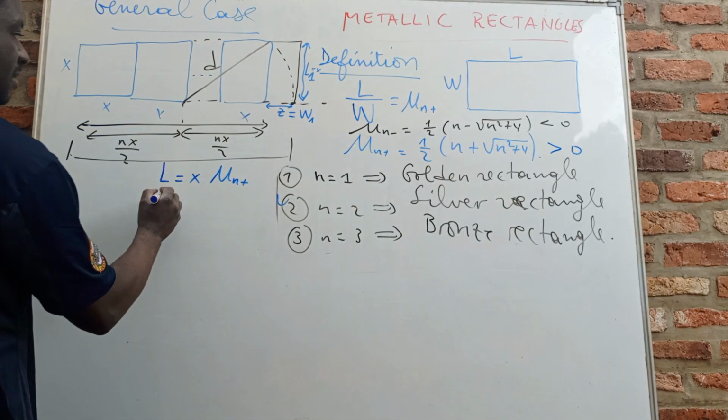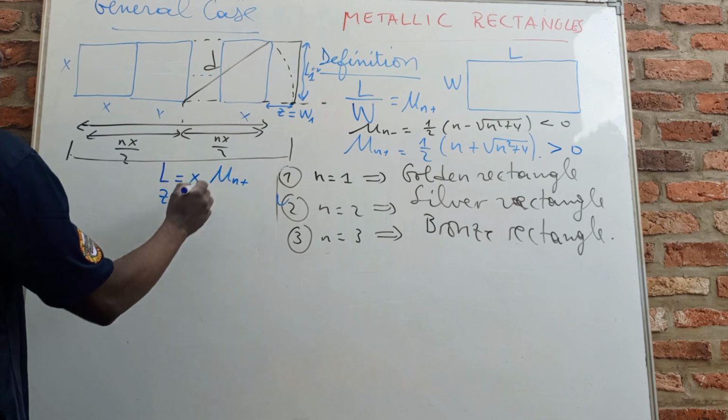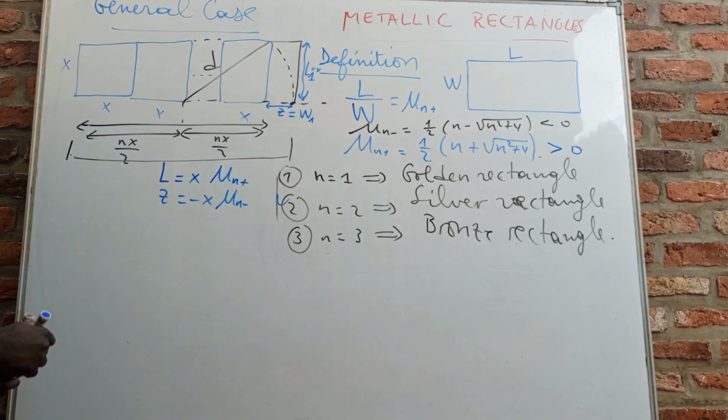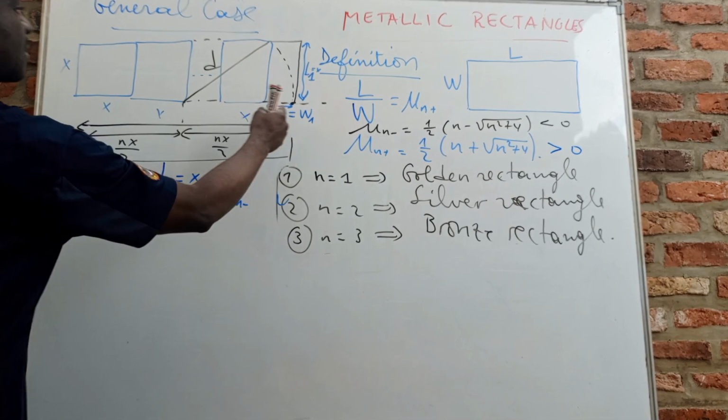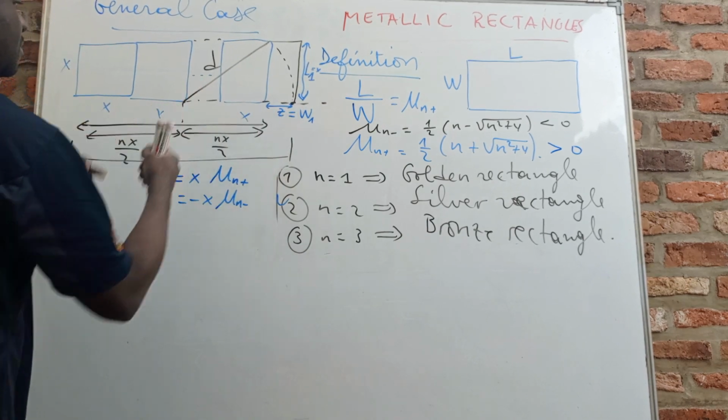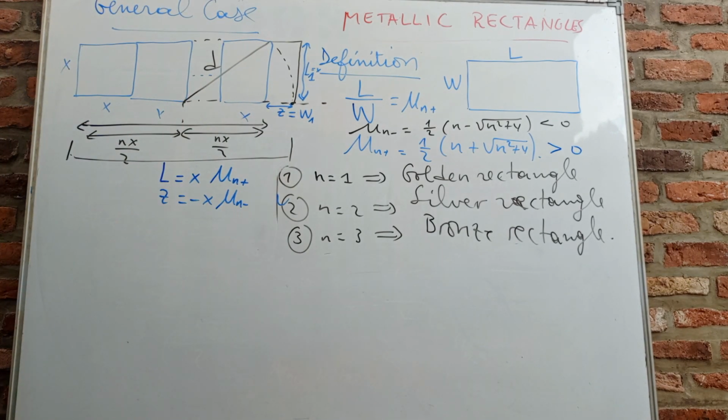And we prove that this new width is going to be negative x, the conjugate of the metallic ratio. We need to prove this in order to conclude that we have constructed a metallic rectangle.